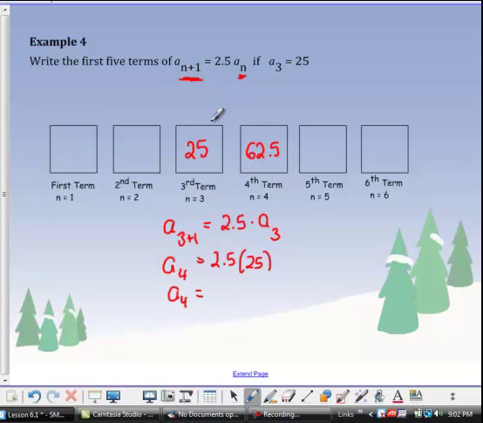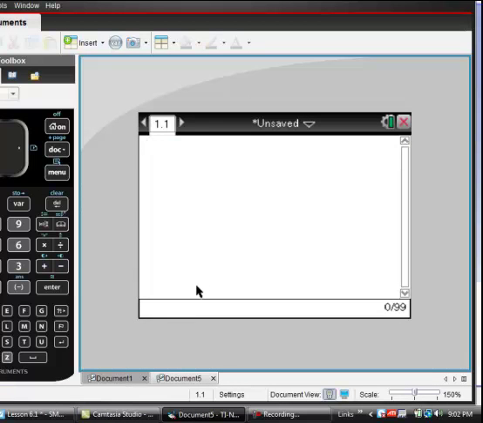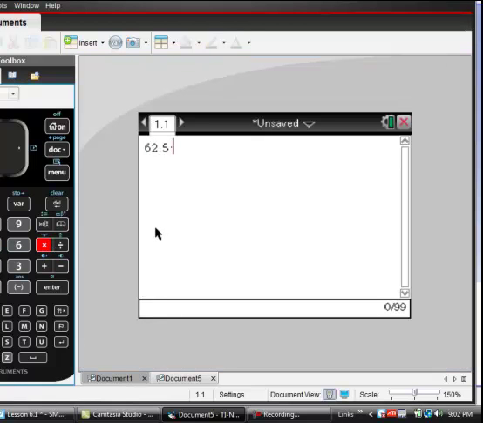I just multiply each term by 2.5. So I'll multiply that by 2.5. So 62.5, let's come over here. Let's calculate. 62.5 times 2.5 gets me 156.25.